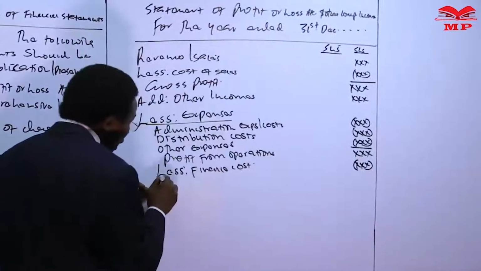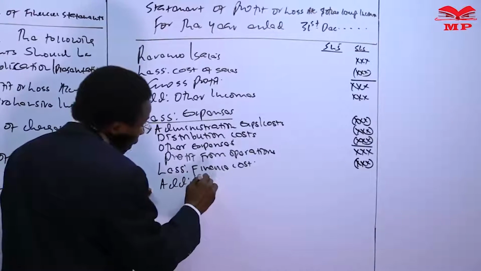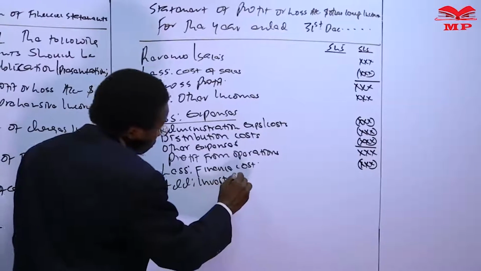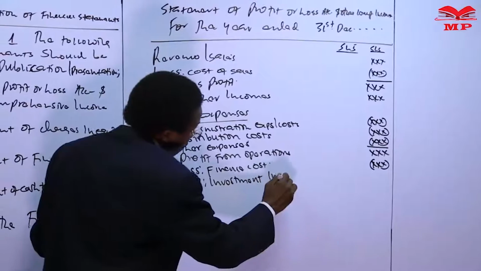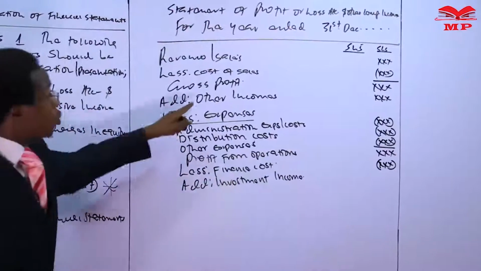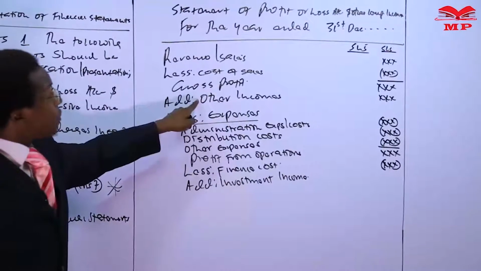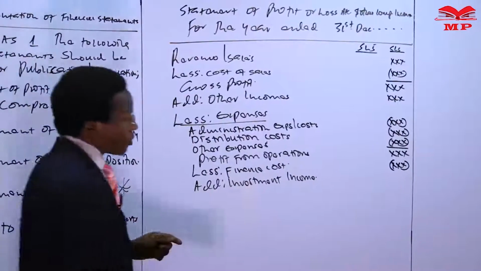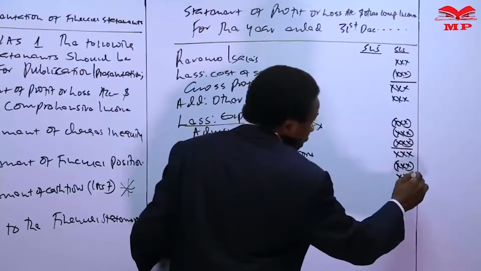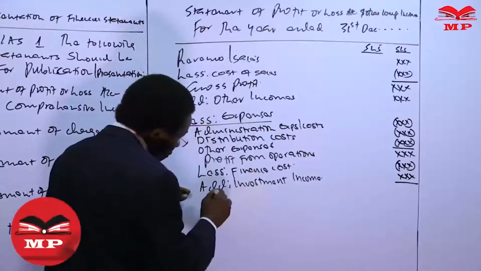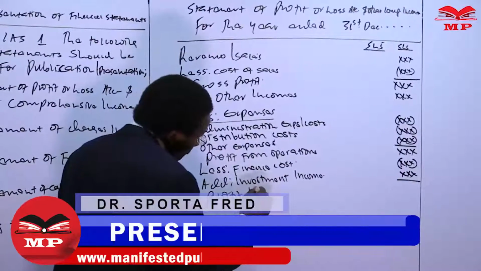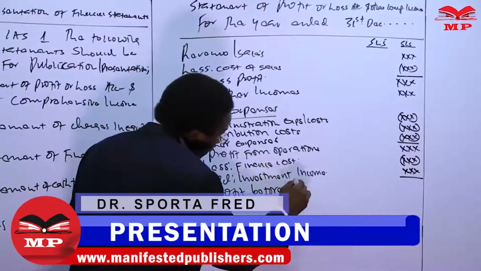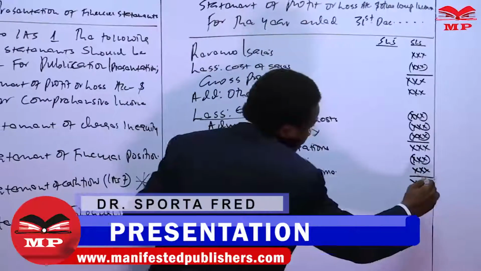Then we also add investment income. Remember, investment income can also be recognized immediately under other incomes. Then we have the profit before taxation.